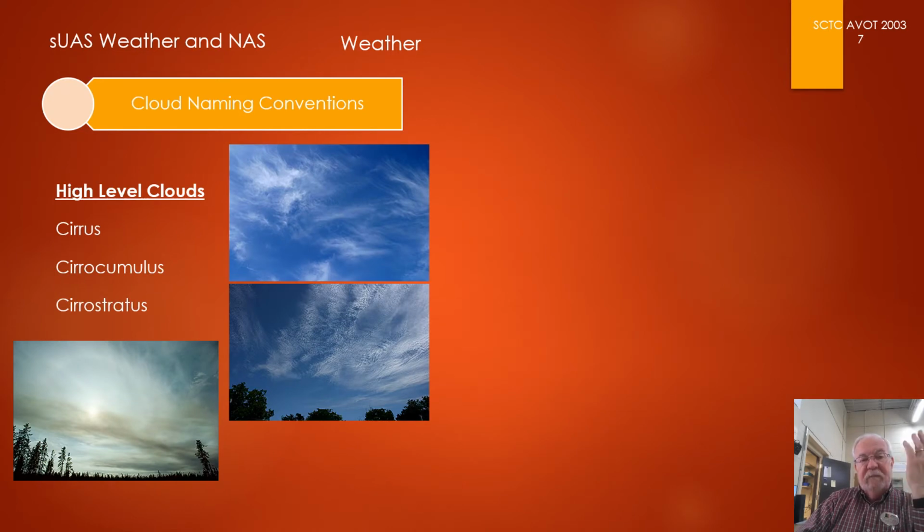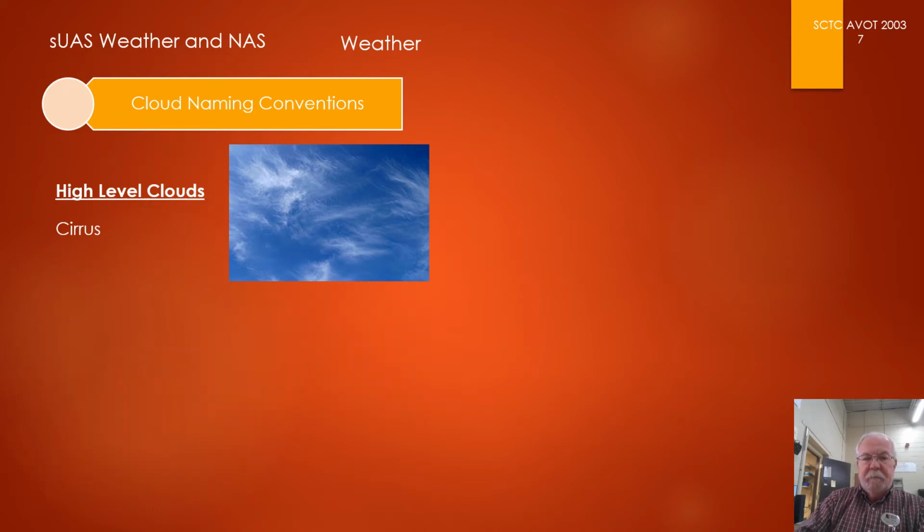All right, high-level clouds. Want to just be somewhat aware of these clouds. Different types of high-level clouds. There is a cirrus cloud, and generally it's just a high-level cloud, thin, obviously white in appearance, although when the sun shines the right way, it's consisted partly of ice crystals, and it can be very colorful at times.